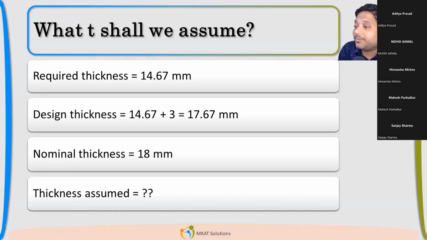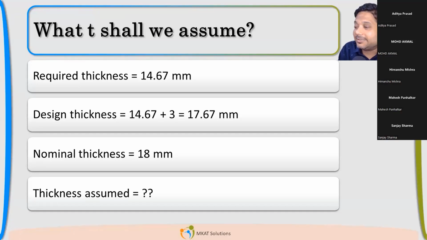Hasin is saying 17.67, 18 corroded. 18 is not the corroded thickness, Manoj. Nominal thickness, if it is 18, is not the corroded one. So 18 after corrosion becomes 18 minus 3. Aditya is saying required thickness 14.67. Okay, lots of variety.